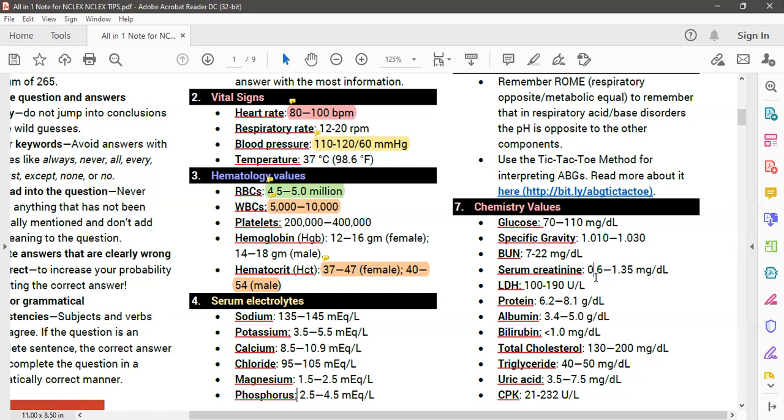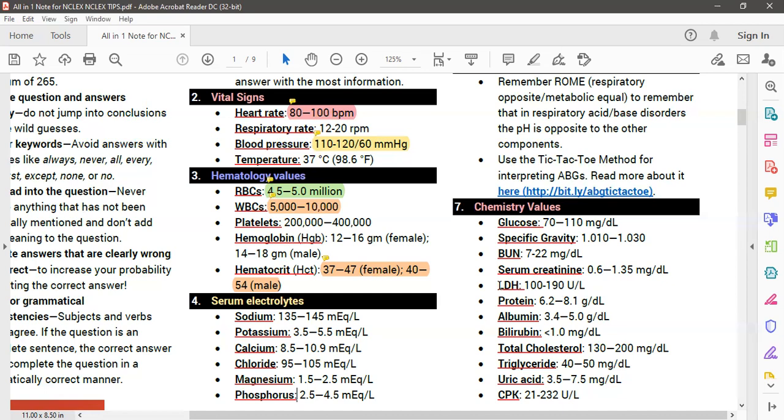So if the serum creatinine concentration is high, it indicates renal dysfunction or renal failure. So it is a kidney function test. The muscle that has been metabolized to the waste product, it is the creatinine.